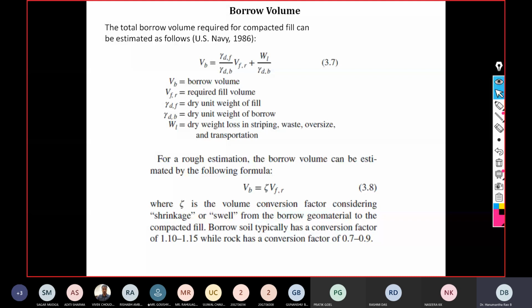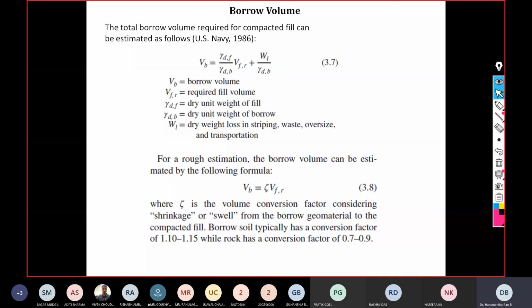V_FR means required fill volume. This we can determine because based on simple geometry, we know the cross sectional area multiplied with the length gives the fill volume.